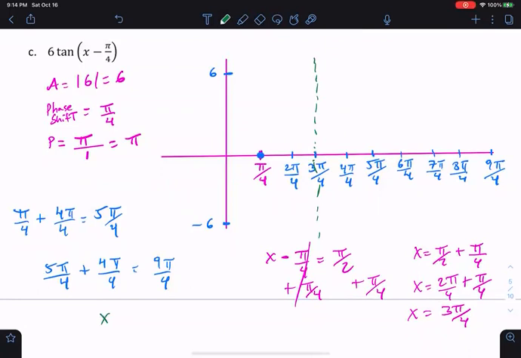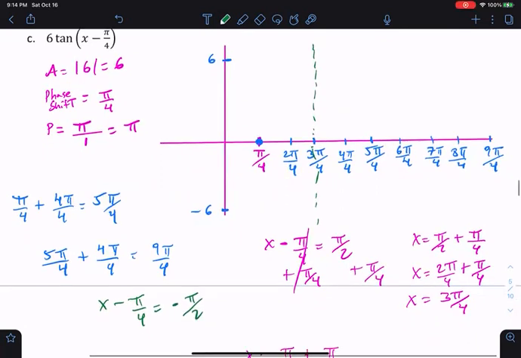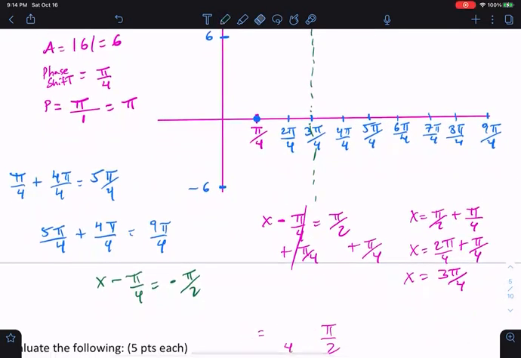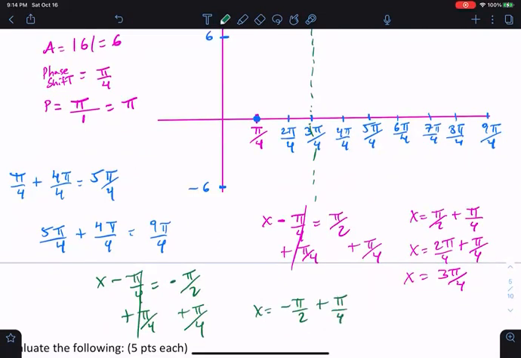So for the second asymptote, I set up the parentheses equal to negative pi over 2, right? Because that's where the other asymptote for tangent is located. So I need to compute that. So you add pi over 4 to both sides, so you get x equals negative pi over 2 plus pi over 4, right?